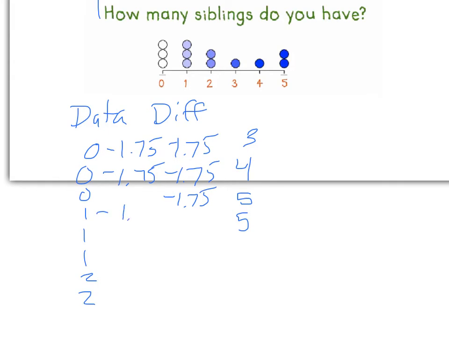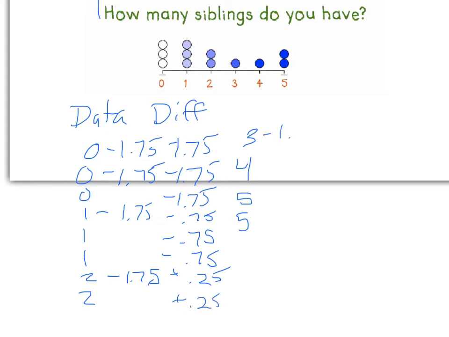Now 1 minus 1.75 is going to give me negative 0.75, and I'm going to get the same thing 2 more times in a row. Then I'm going to subtract from 2, and my solution is going to be positive 0.25. And I'm going to get the same thing again, positive 0.25.